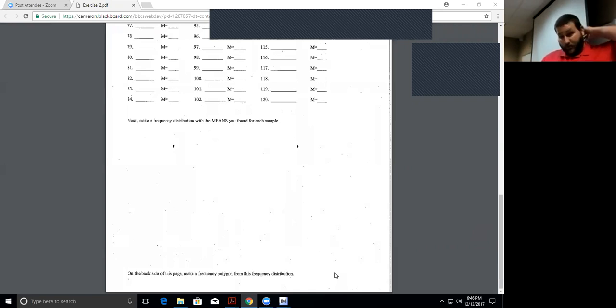And what you should see, because of this being an assignment on the central limit theorem, says that if you drew all possible samples from a population and you were to plot all the sample means out into one distribution, you would get a distribution that's normally distributed or approximately normally distributed.